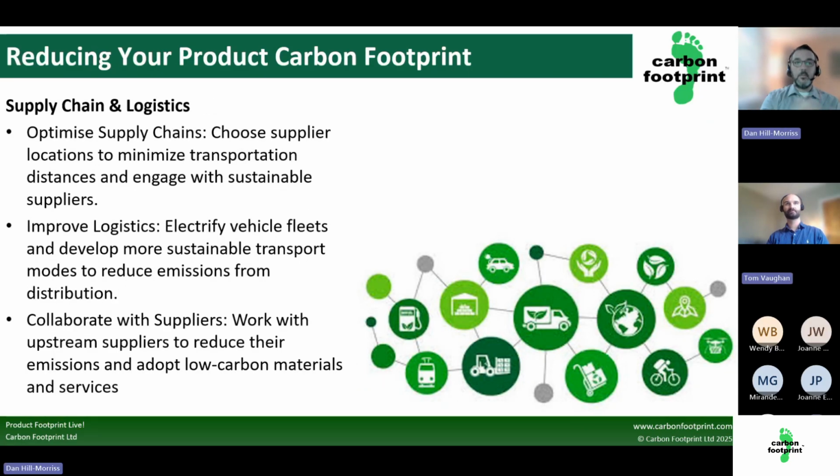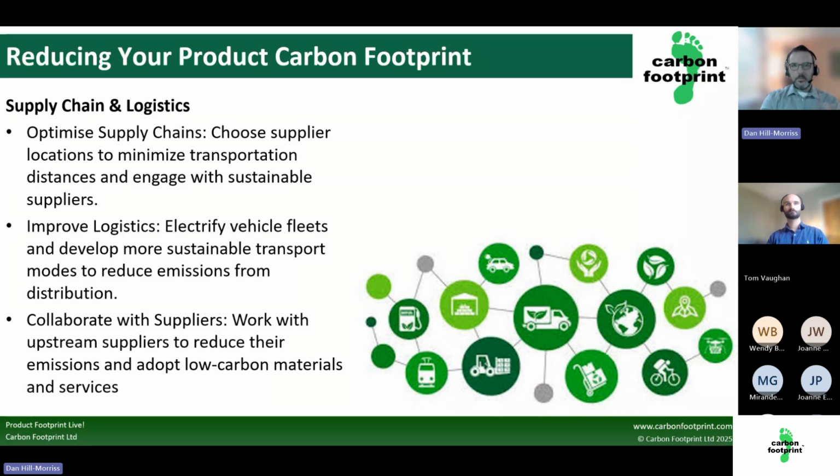So the other advice that we're pretty confident any LCA or carbon footprint report will give you will be to look at your supply chain and logistics. We talked about scope 3 emissions for your customers and supply chain from their perspective and why it's so important to them. It's equally important to you.